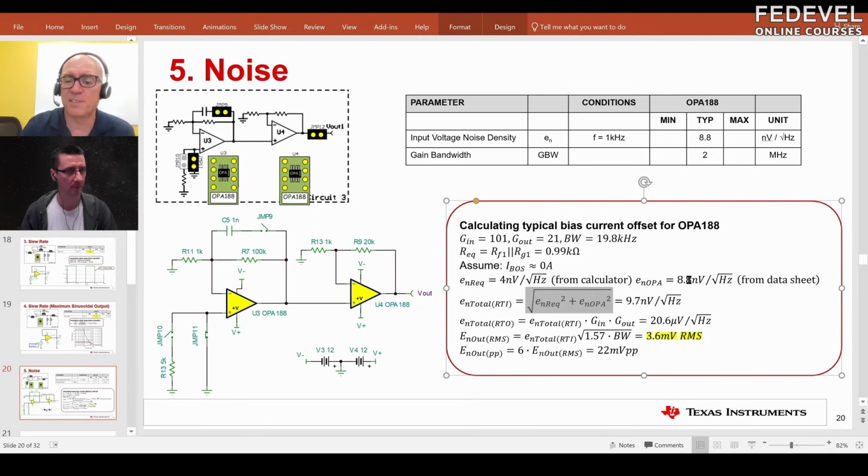When we add this 8.8 and 4 using that method, we get a total noise density of 9.7 nanovolts per root hertz. Then we can multiply that by the gain to find the output noise density, and then multiply that by the square root of the noise bandwidth to get the actual RMS noise at the output. And then the peak to peak is normally about 6 times the RMS.